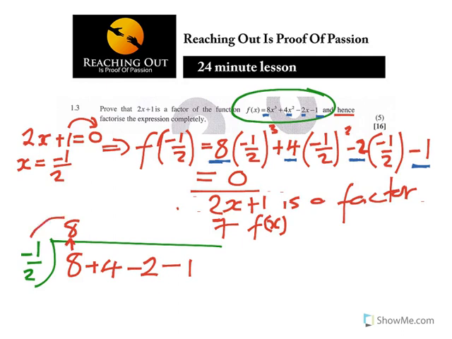Then you start to multiply in this direction. You say 8 times minus half. You know that 8 times minus half, using a calculator, is minus 4. Minus 4 plus 4, because of the plus sign there, you will get a 0. So it's plus 0. You repeat the same thing.